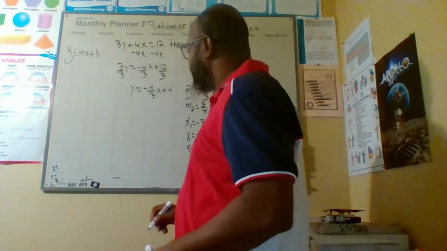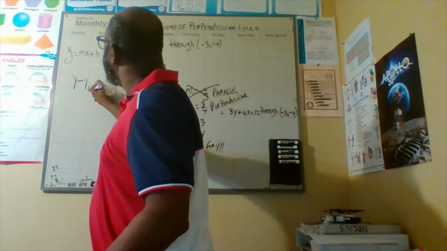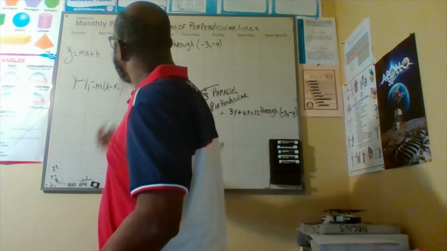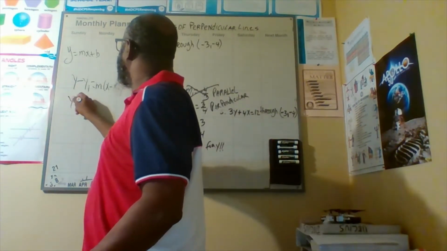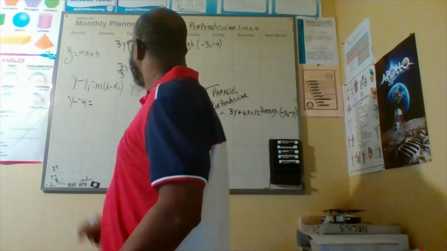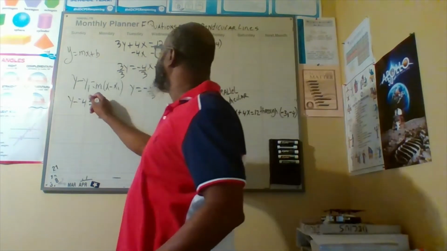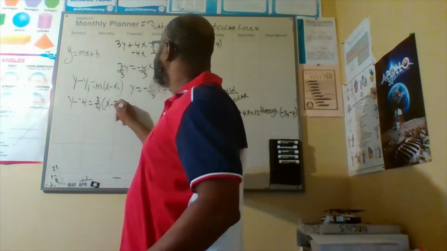We're going to use the formula y minus y1 equal m times x minus x1. So we'll have y minus negative 4, and this slope was 3/4, so it is 3/4 times x minus negative 3.